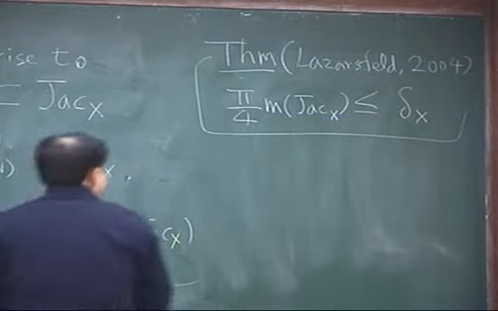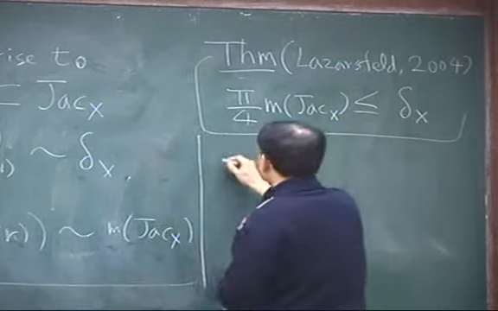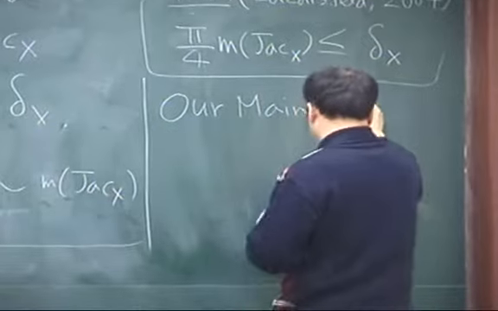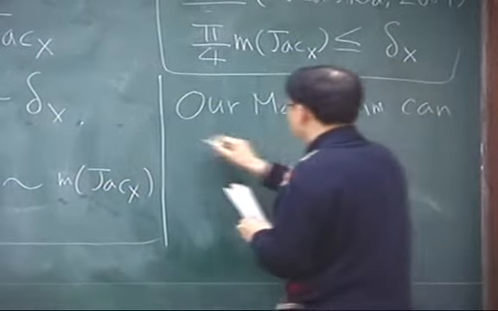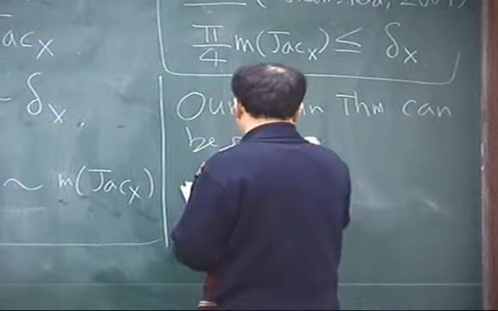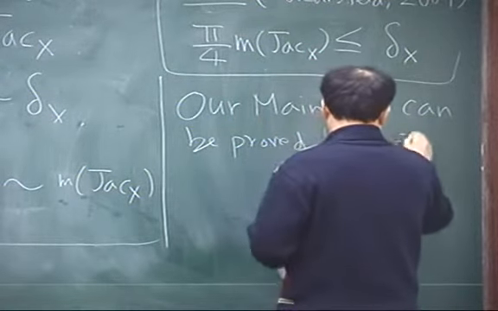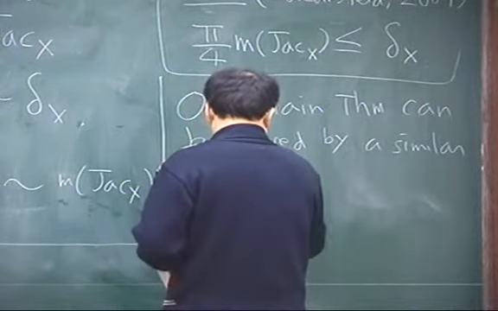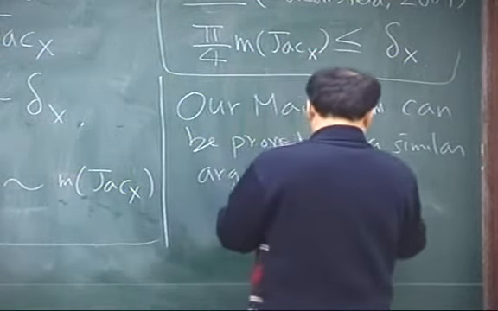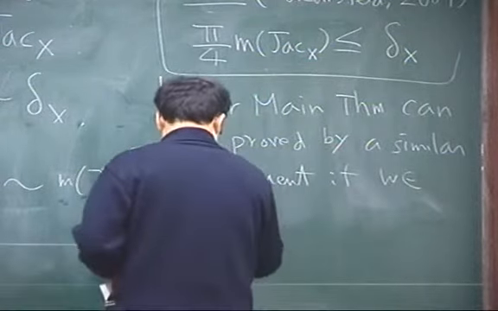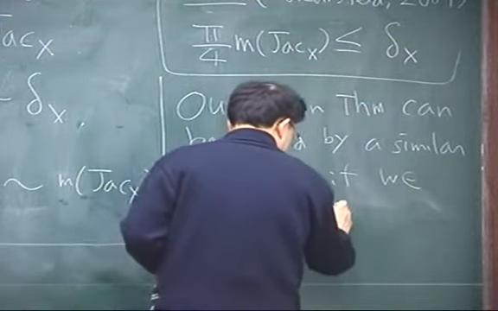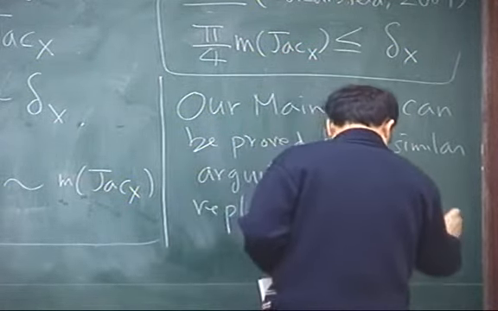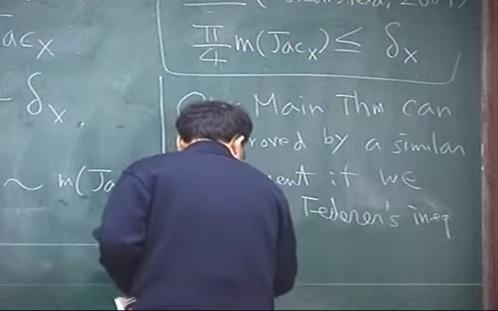So it turns out that our main theorem can be proved by a similar argument if we replace Federer's inequality by another one.